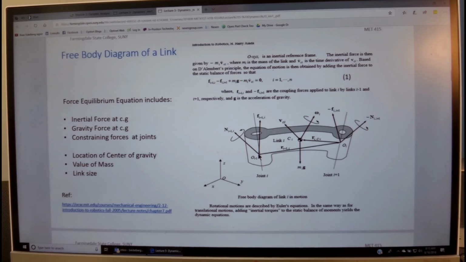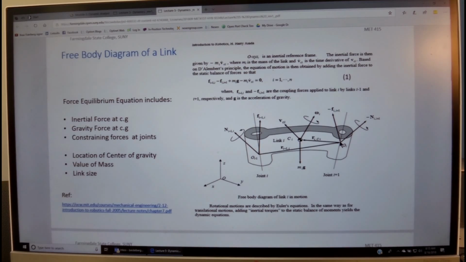We also have a force exerted by the previous link, I minus 1 on I. We call it F I minus 1, comma I. And we also have a torque from the previous link acting on this link at this joint, which is N I minus 1, I. And we have that over here, and all these signs are according to the right-hand rule. Then we have a torque of the next link, which is I plus 1, acting on I.